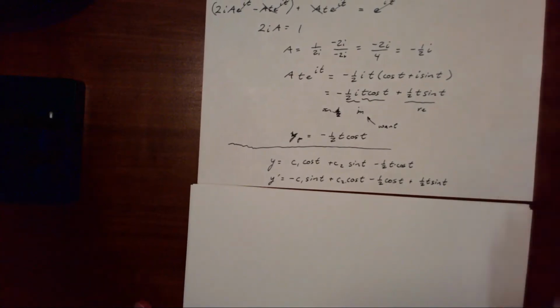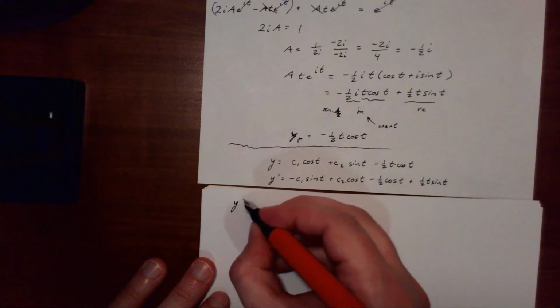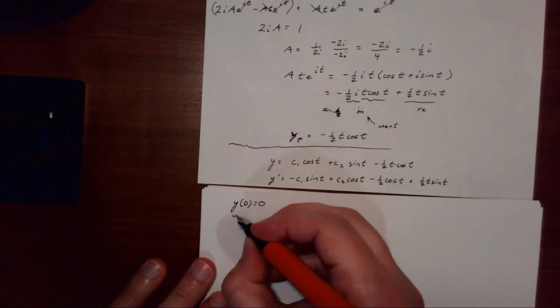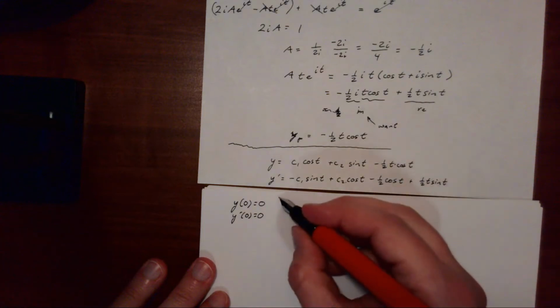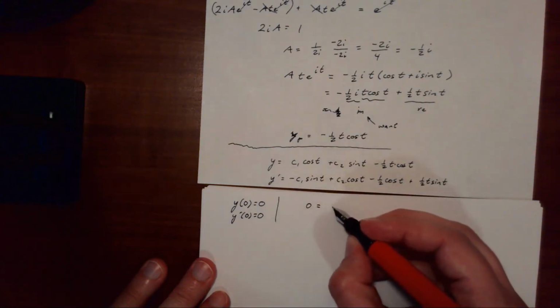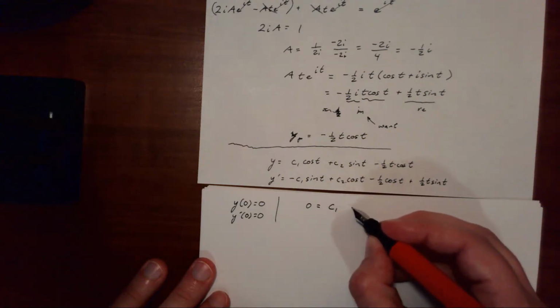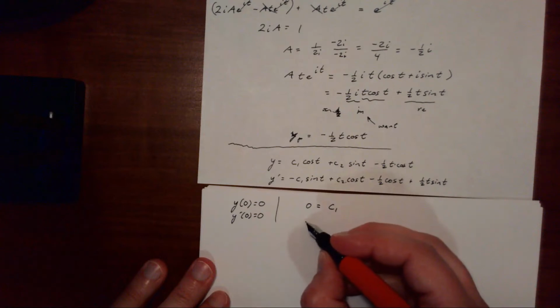And then I plug in the initial conditions. So y of 0 equals 0, y prime of 0 also equals 0. And what does that lead us to? That leads us to 0 equals c1 plus 0 minus 0. Okay, duly noted. c1 equals 0.